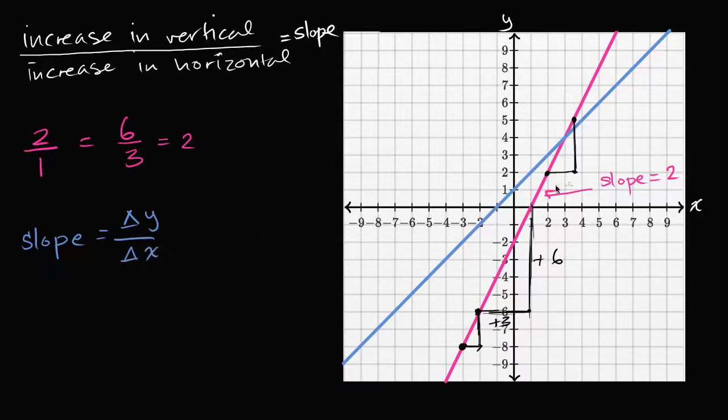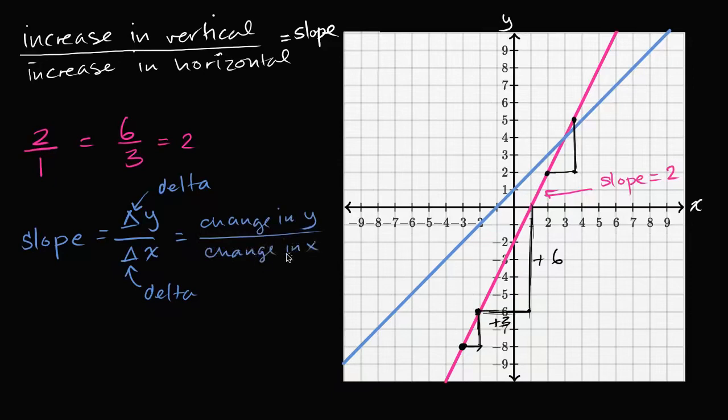You might say, wait, you said change in, but then you drew this triangle. Well, this triangle is the Greek letter delta, a math symbol used to represent change in. So it literally means change in y divided by change in x.